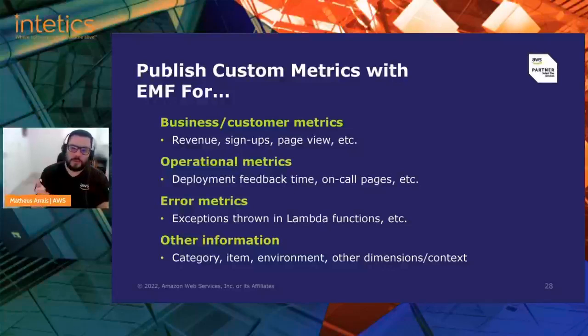You can publish, for instance, like I mentioned, business values: revenue, signups, page views, or even operational metrics like deployment feedback, on-call pages, or even errors. Any kind of metric that is important to your business and to application health, you can do using EMF and publish through Amazon CloudWatch.